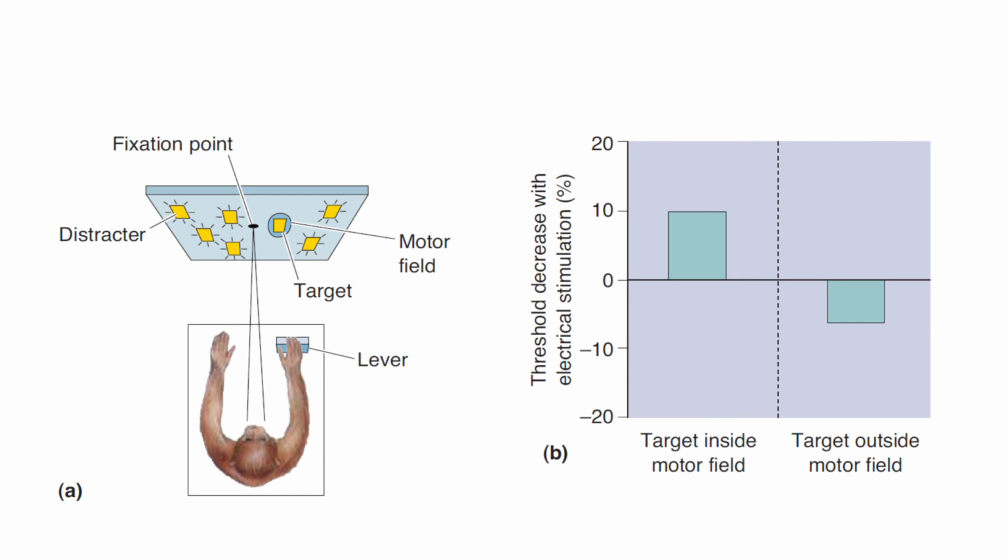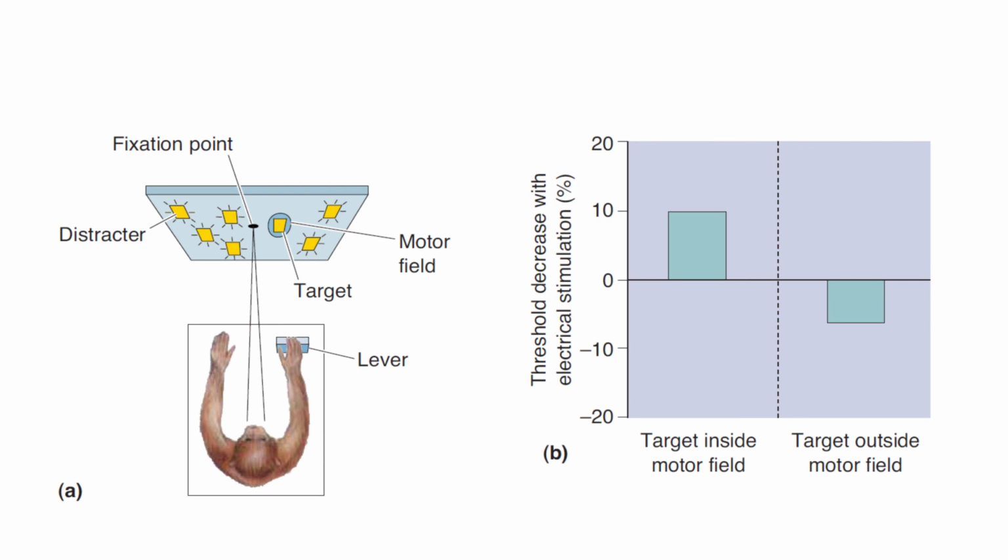In this case, the monkey has to detect one of the many stimuli on the screen. The experimenter tells the monkey which one. They have to pay attention to whether the dimming, the strength of the brightness, changes or remains the same. So they set a threshold to see the smallest amount of brightness needed for the monkey to detect.